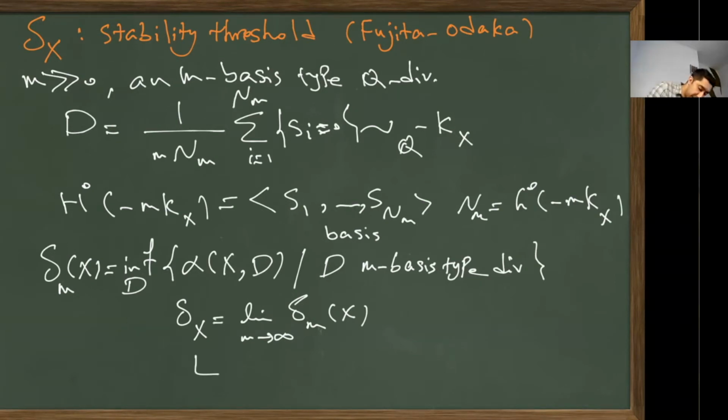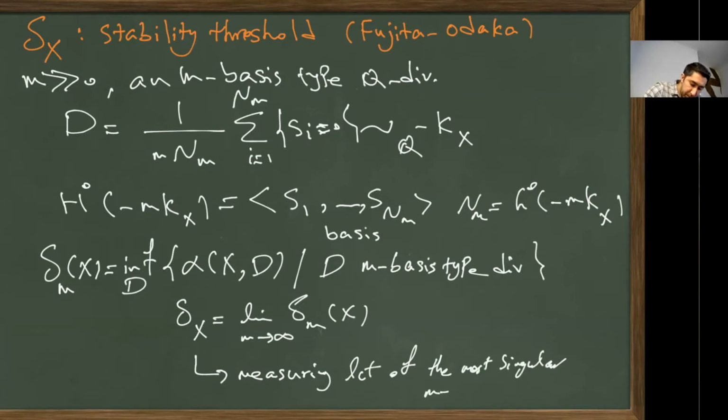So what is really measuring the log canonical threshold of the, if you like, most singular M basis type divisor. So you have a set of M basis type divisors. This is just measuring the log canonical threshold of the most singular such divisor.